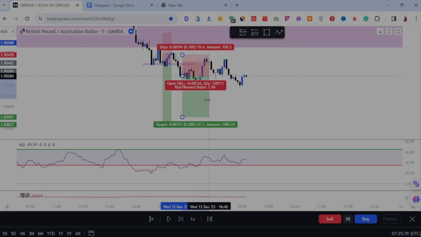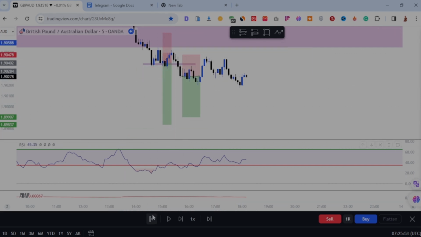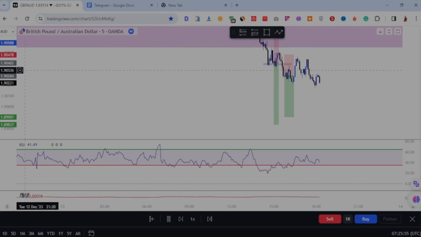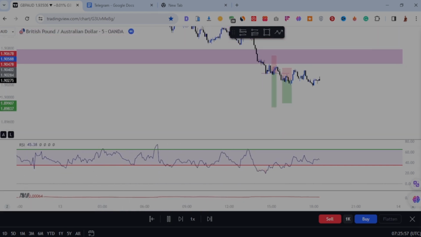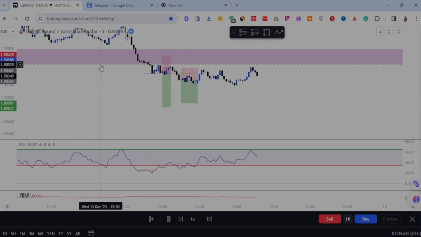So if you don't learn trading psychology, these are going to be very difficult moments for you to be trading in the market, right? The first trade has gotten almost 1-to-1, and I could have moved the stop loss, but I'll just wait and see what happens. Most of the time the market is going to retest a zone multiple times.